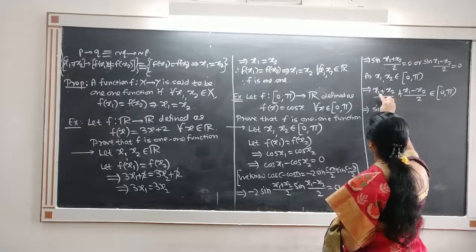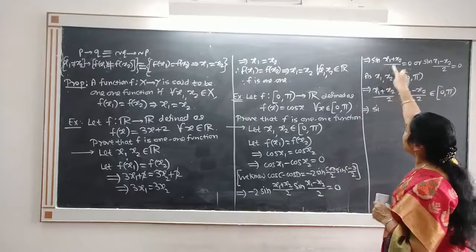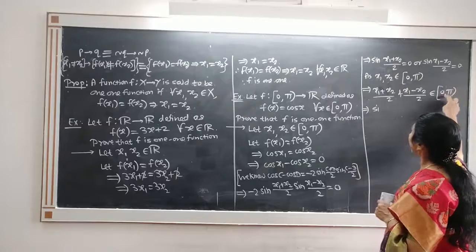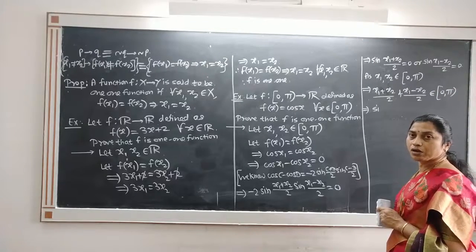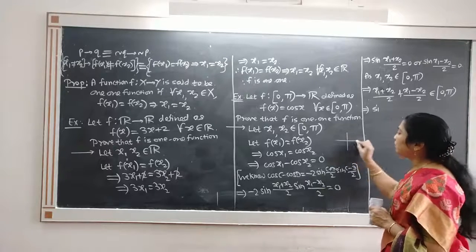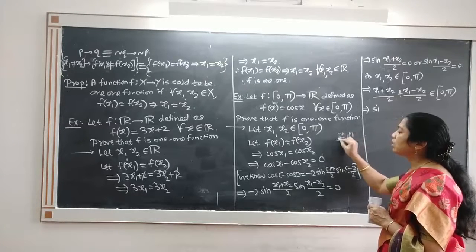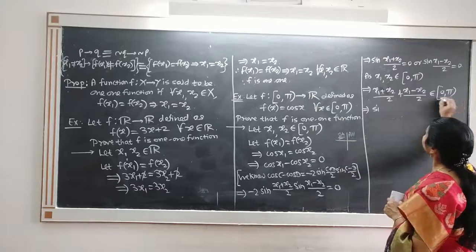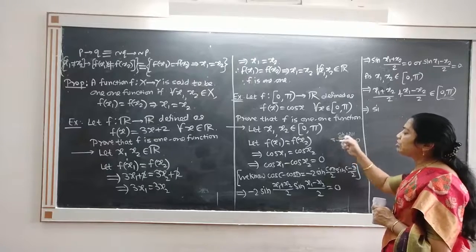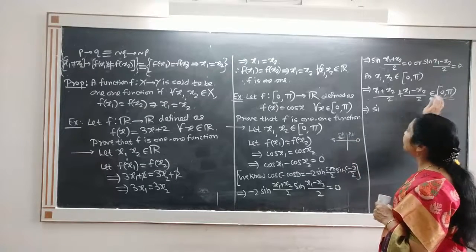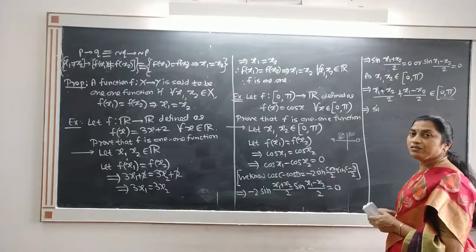So see, for sine the numbers are in this interval, and 0 to pi lies in the first and second quadrants. We know that in the first quadrant all are positive and in the second quadrant sine is positive. Now we are taking the angle between 0 to pi, that is the first and second quadrants, and in the first and second quadrants sine is always greater than 0.